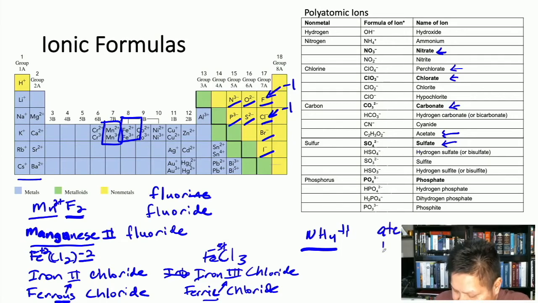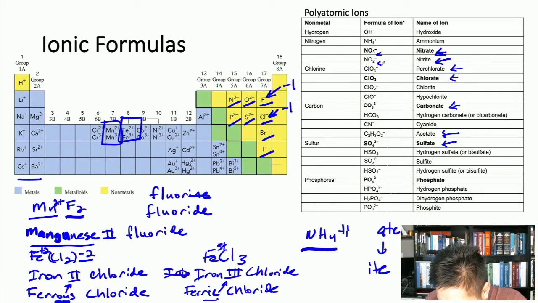A good example is nitrate becoming nitrite. Nitrate had 3 oxygens, and nitrite only has 2, so it lost an oxygen.